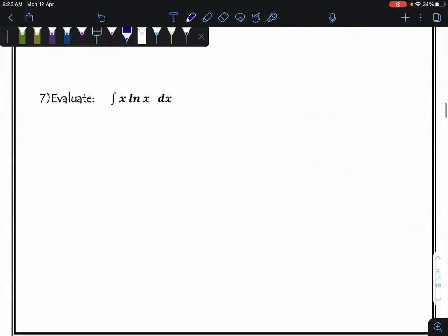Now, for x ln x, can we use the table here also? D over dx, and here the integral. We let x, and its derivative is 1, and one more time is 0.